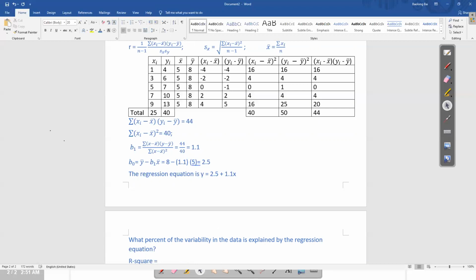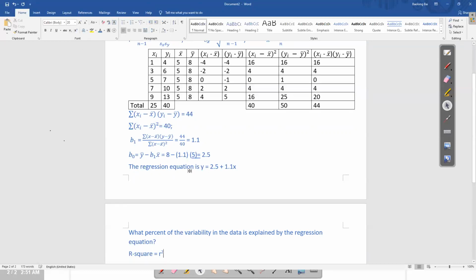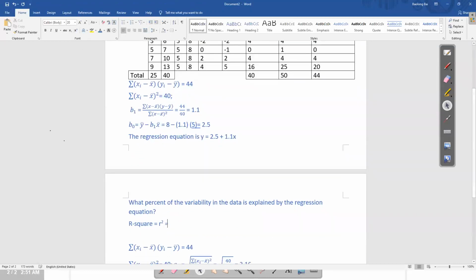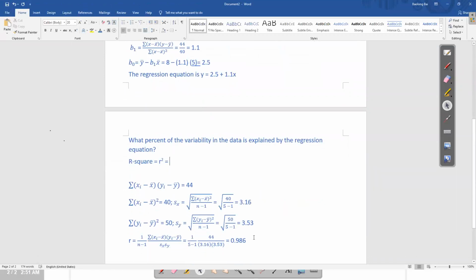We know correlation R, take a square, and it's simply R squared. That's where the name comes from, right? We learned about the correlation, and we need to take a square of it.